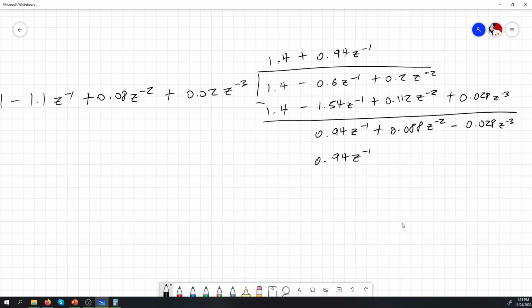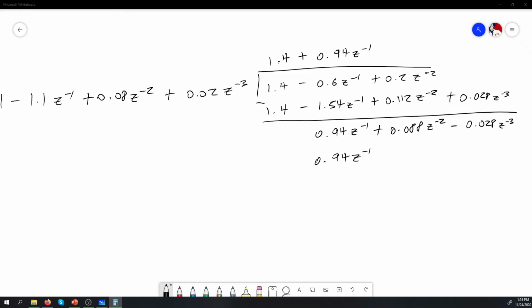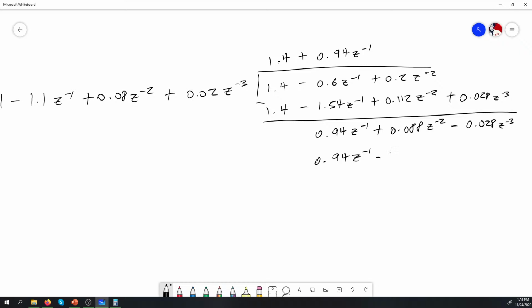So this becomes 0.94 z to the minus 1. And I'm just moving this across because I need a little more space. 0.94 multiplied by 1, minus 1.034 z to the negative 2. And the reason why this is z to the negative 2 is that z to the negative 1 multiplied by z to the negative 1 gives us z to the negative 2.